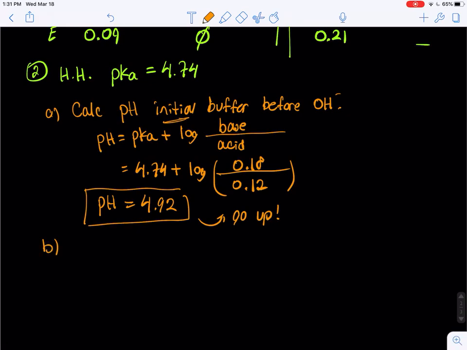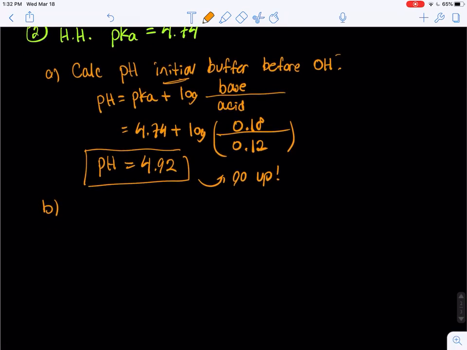So for part B here, I want to calculate the pH of the final buffer after hydroxide ion is added. So we use the same formula.